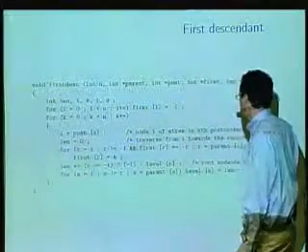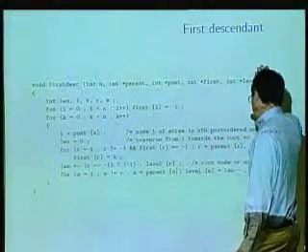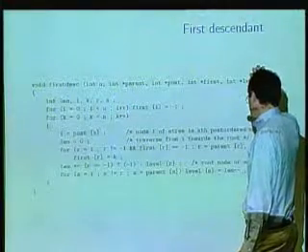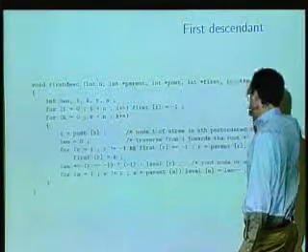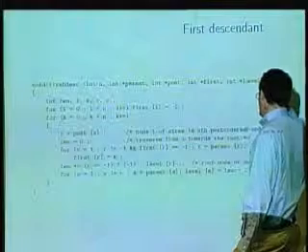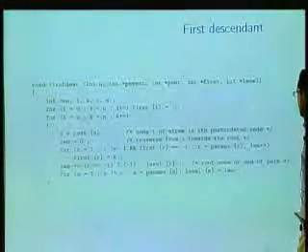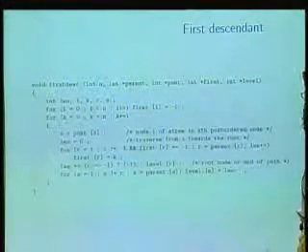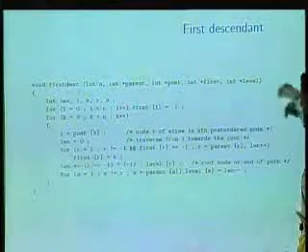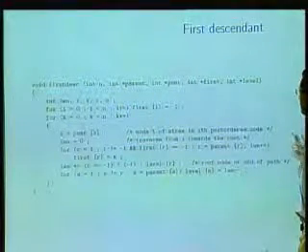So the level, and I'm trying to remember which direction the level goes. Looks like the level decreases as you go up the tree. The level of a root is 0.